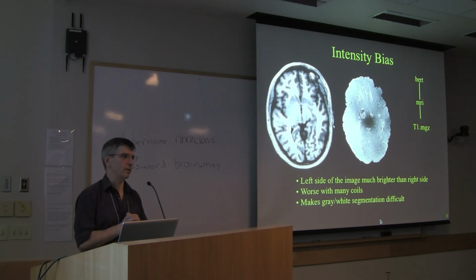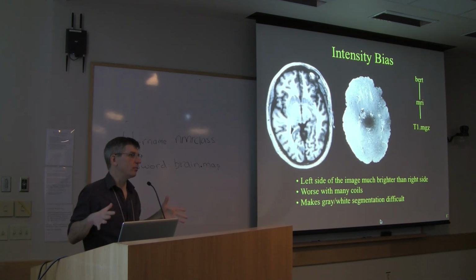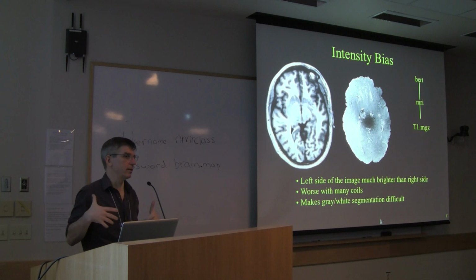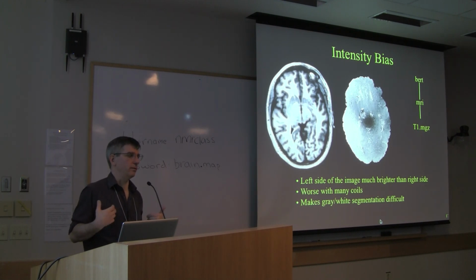And so what happens is that when you scan somebody, the brightness is not uniform across the image. So if you were to take just like a tube of water and scan that tube of water, you would see that on the image, like one side might look brighter than the other side does. And so the reason for that is varied and it's really complicated.